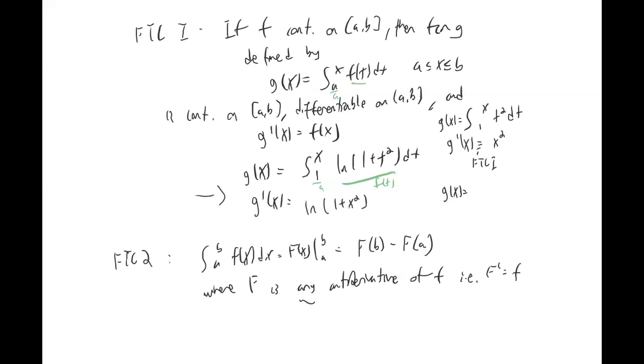You can actually solve this explicitly: t cubed over 3 at 1 and x, so my a is the 1 and my b is the x. So this is x cubed over 3 minus 1 over 3. All I did was write this out. So now this is g of x. Now g prime of x is 3x squared over 3 minus 0, because the derivative of 1/3 is 0. So this is just x squared.